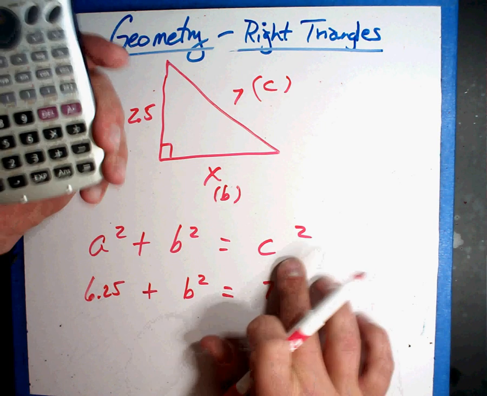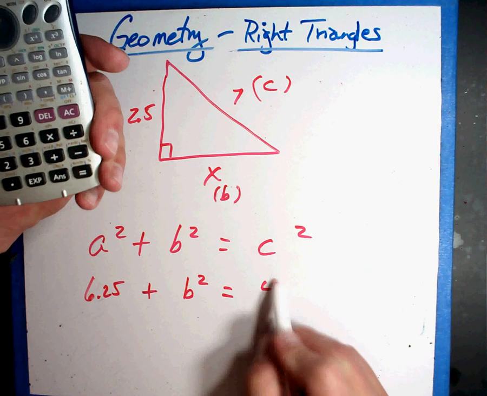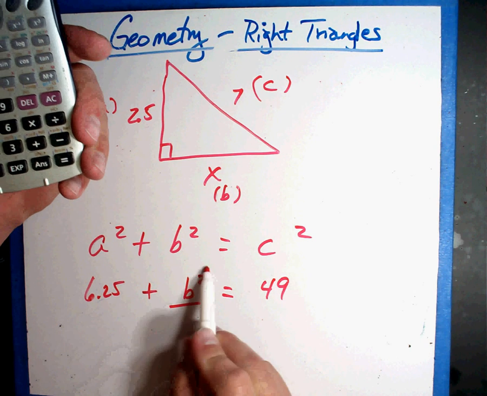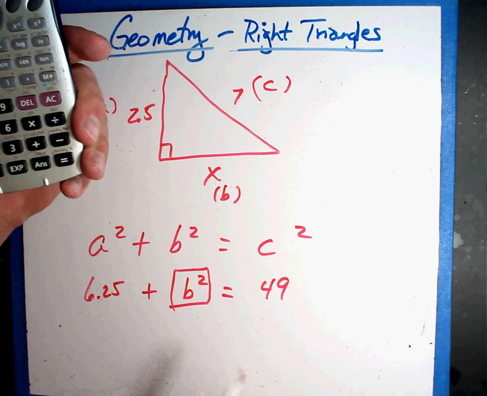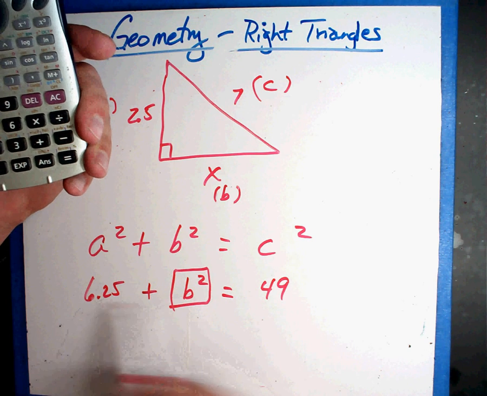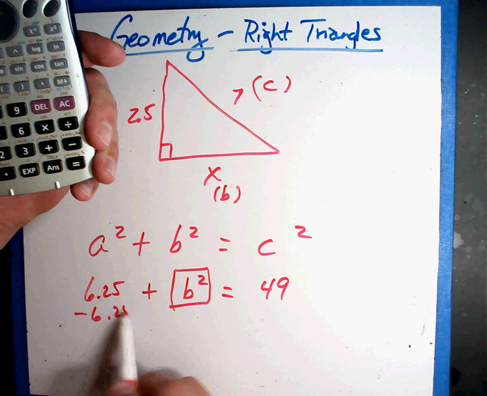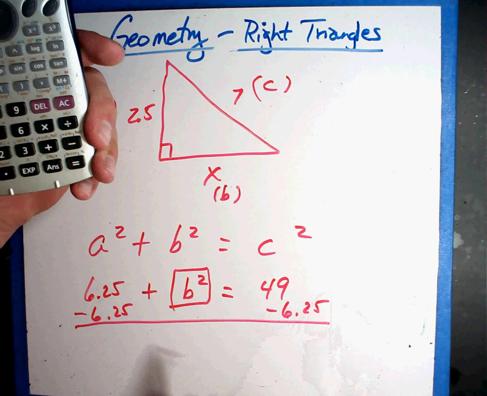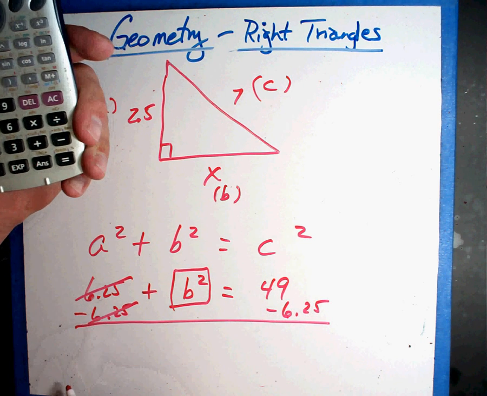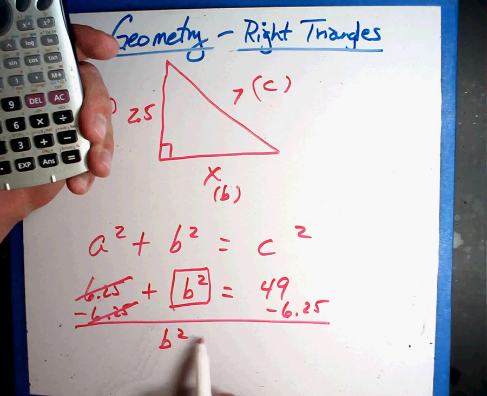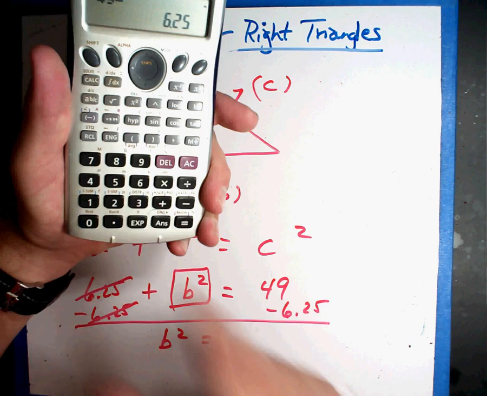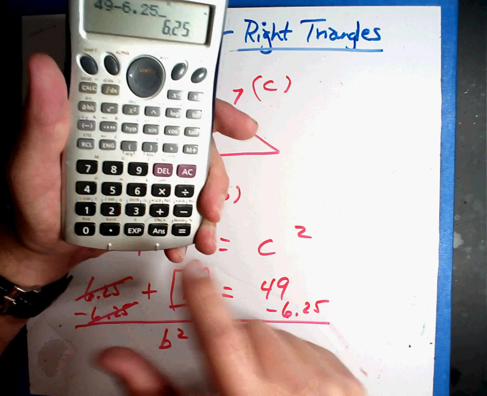Well, I already know that 7 times 7 is 49, so I'm going to go ahead and help myself. Well, that's what I don't know. Remember, from your algebra, you keep letters on one side, numbers on the other. So I'm going to subtract 6.25 to move it over here. So that's gone. And so B squared equals 49 minus 6.25.